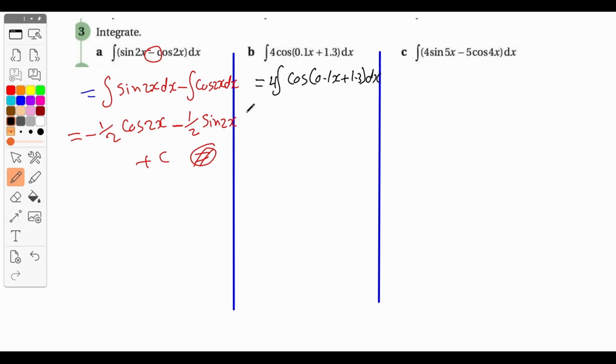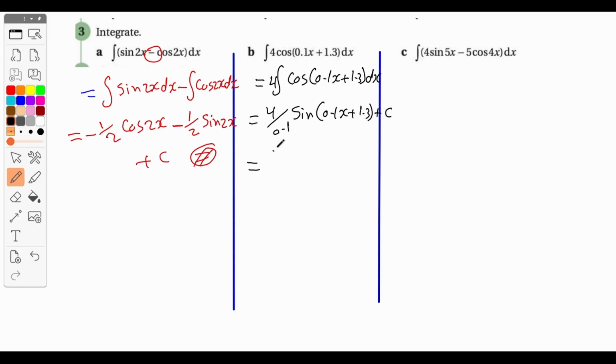Just to keep 4 outside. Then divide that by ax, which means 0.1. And you know that the integral of cosine is just sine. So sine, the same quantity, 0.1x plus 1.3 plus c.